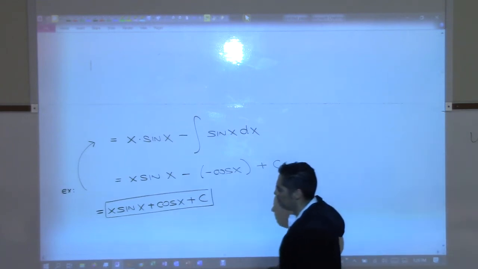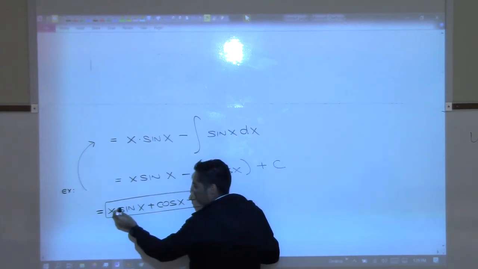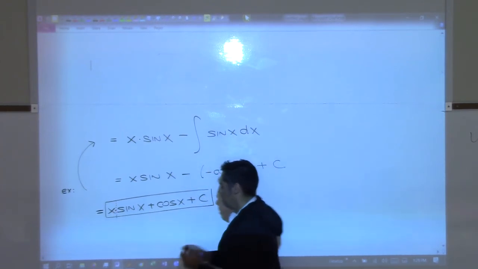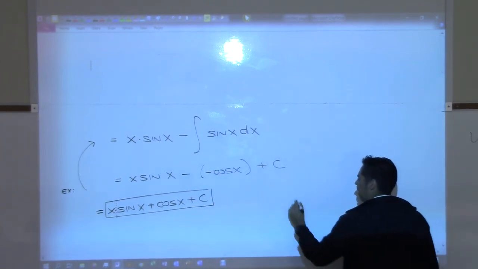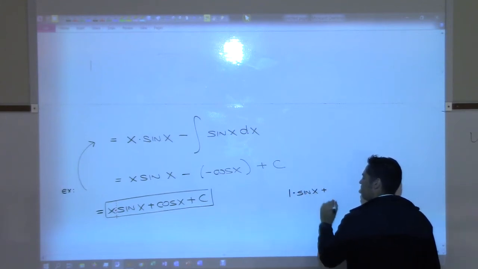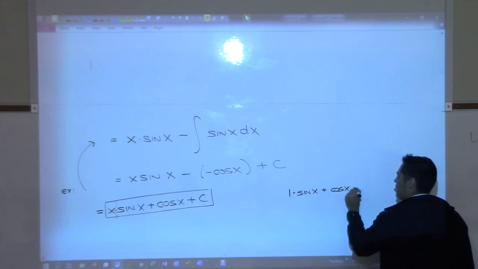Okay, so I'm going to take the derivative just to check. If I take derivative, I have to realize there's a product right there, which is a product rule on those first two. So that would be the derivative of x, which is 1, times sine x, plus the derivative of sine x, which is cosine x, times x. That's finishing the product rule.